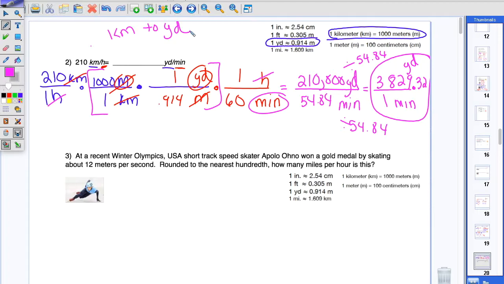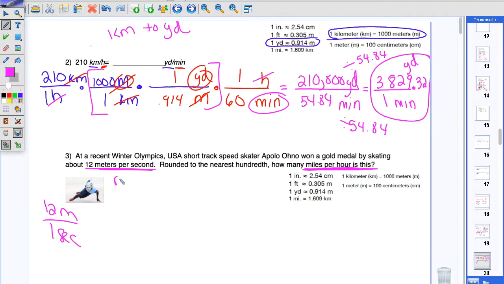Number 3. A recent Winter Olympics USA short track speed skater Paula Ono won a gold medal by skating about 12 meters per second. Round to the nearest hundredth, how many miles per hour is this? We want to go from 12 meters per second, so that's 12 meters over 1 second, and we want to go to miles per hour.